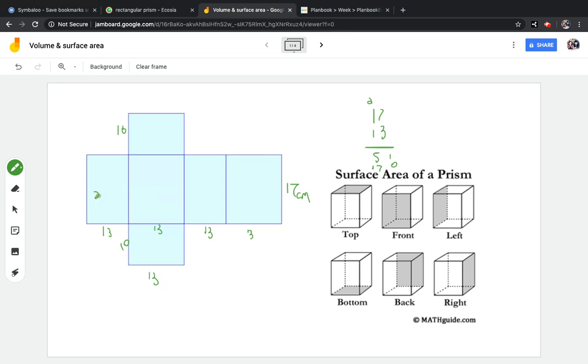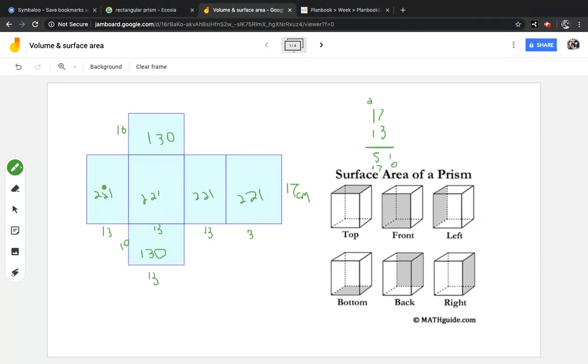So this is 221. Okay, this one would be the same, so this is also 221. This is 221. And this is 221. I made it nice and simple where they're all the same. All right, and then my walls, 13 times 10, so 130. And then this wall would be 130.